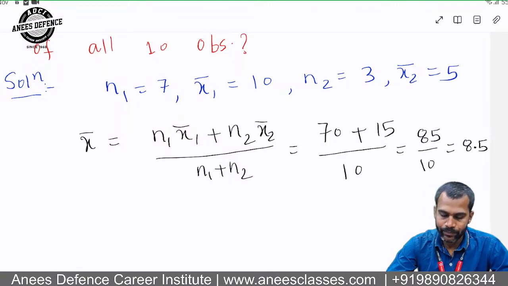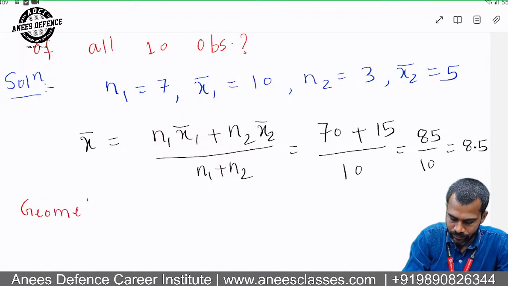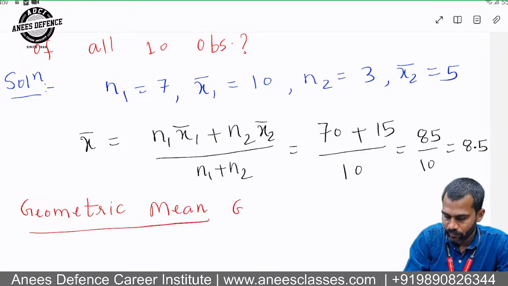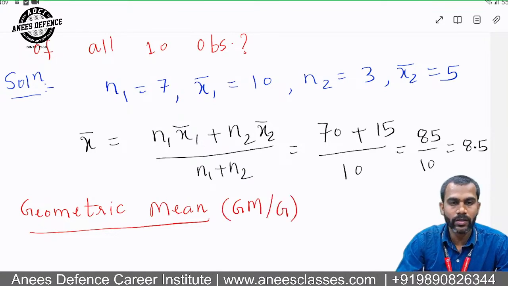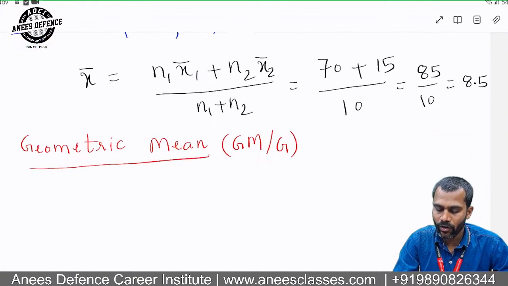Now we'll take geometric mean. So give the heading GM, geometric mean. Sometimes it is denoted by G. So what is the meaning of geometric mean?